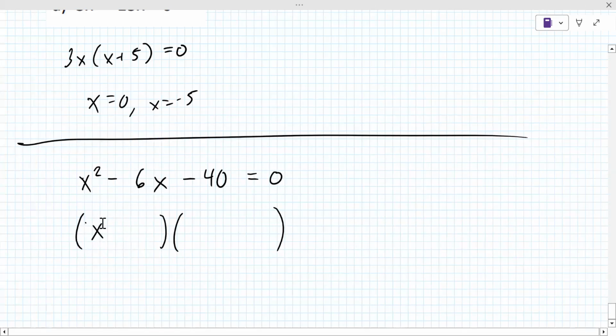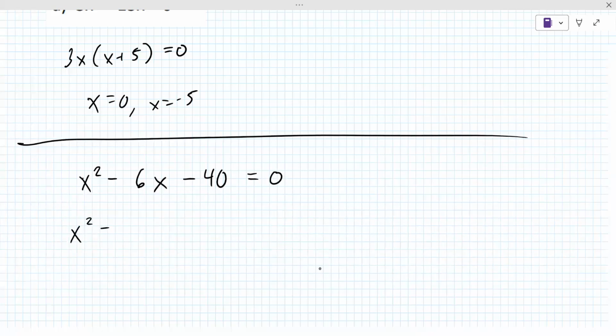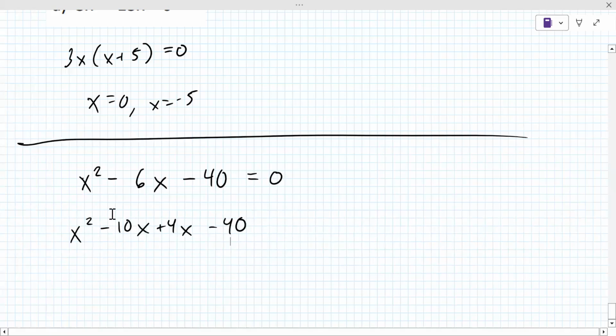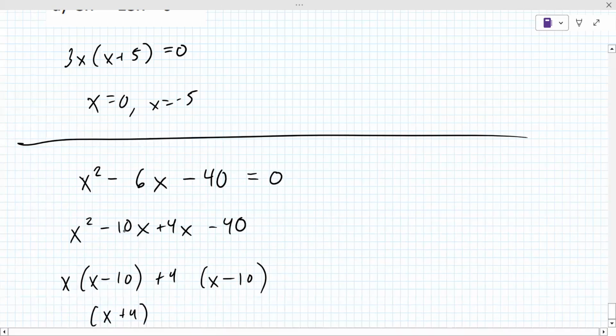Okay, I see what you're doing. You're using this grouping approach, which is okay. I would recommend you just write them out, but this will work. What's the GCF between x squared and 4x? You get x. So that'd be x times x plus 4. Then you get x plus 4, then you factor out 10, so then x minus 10 and x plus 4.